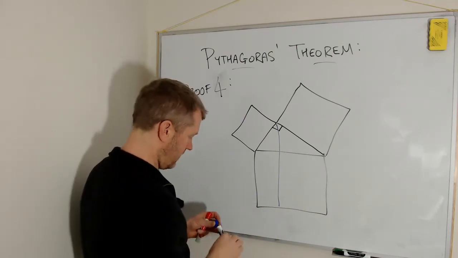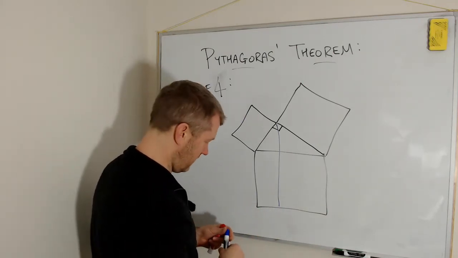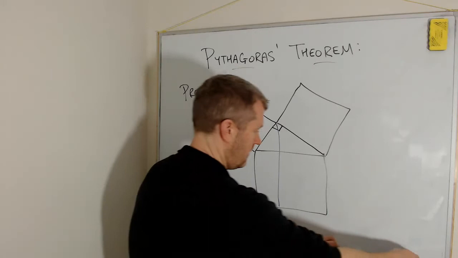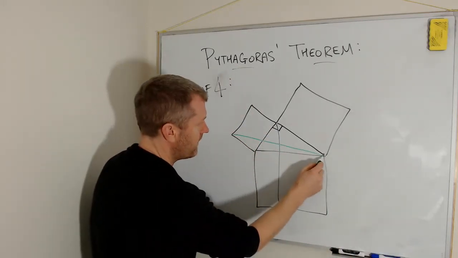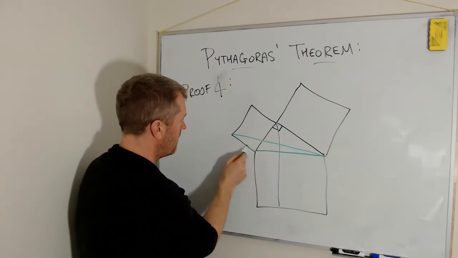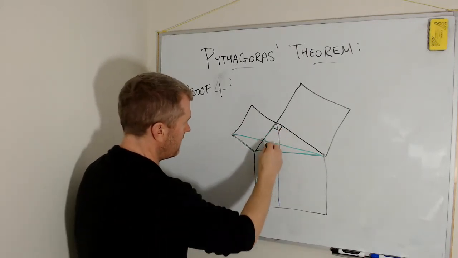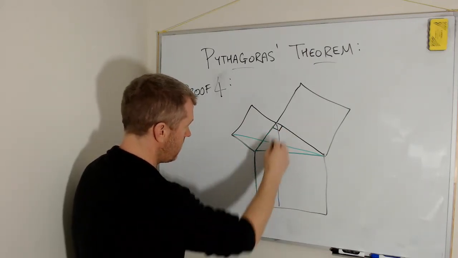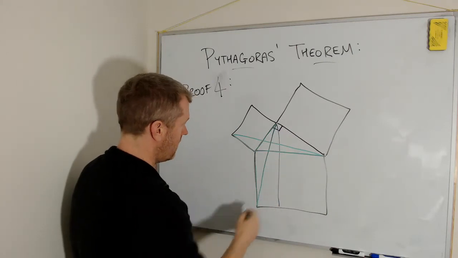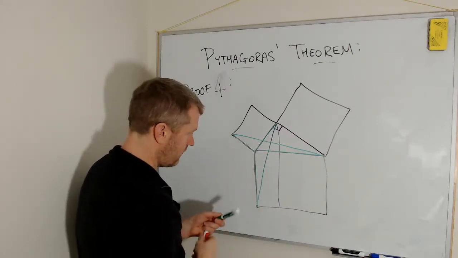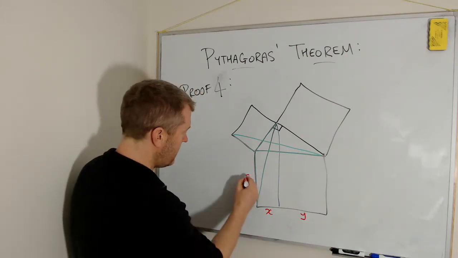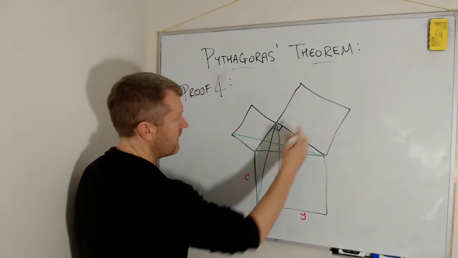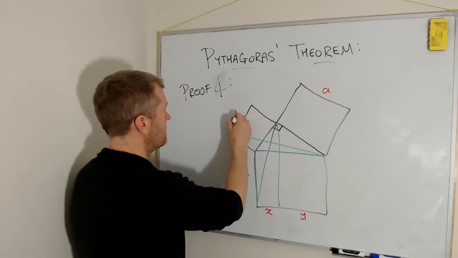And we're going to construct a couple of triangles inside. You'll see where we're going in a sec. We're going to make a triangle here, and another triangle here. We're going to call this distance x and this distance y. This is c. All these sides are c. All these sides are a. And all these sides are b.